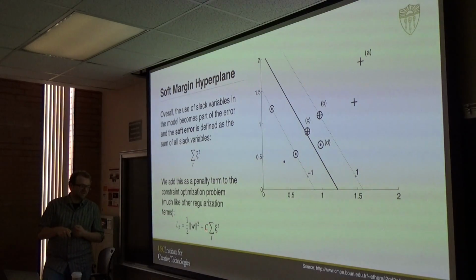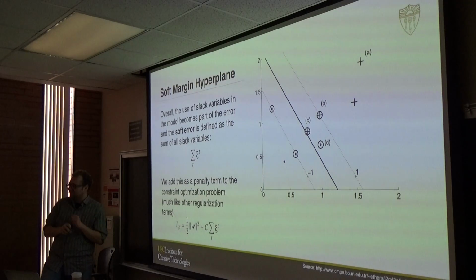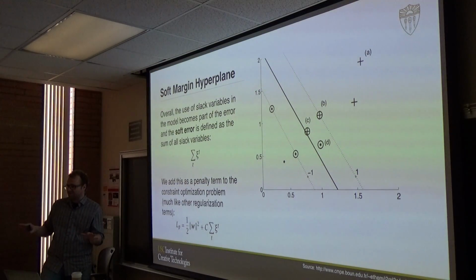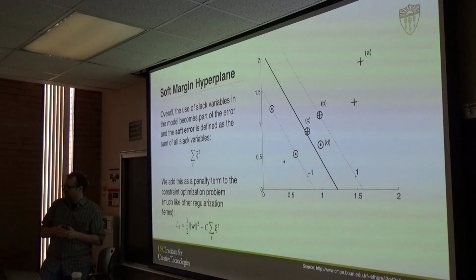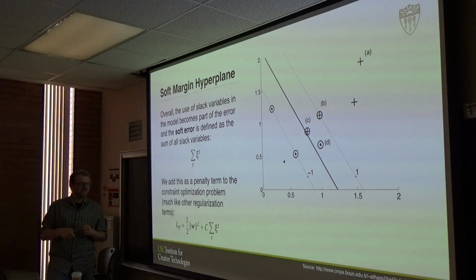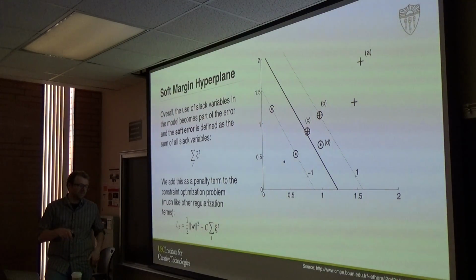We can turn this up to infinity, and that would mean we do not allow any slack variables. We need to find an optimal solution. If we turn this down to very tiny, you can have as much slack as you want, right? So this is a tuning parameter. You have to tune this parameter up and down and try to find the right value for your problem.